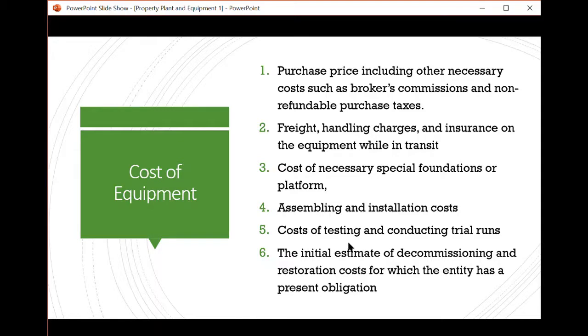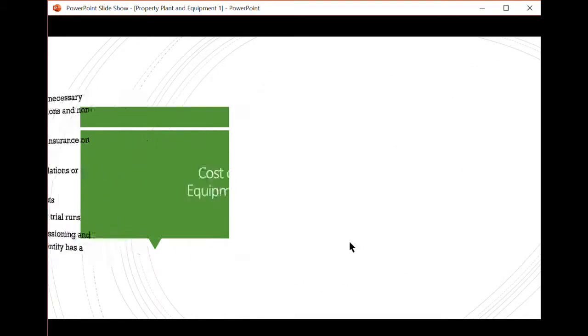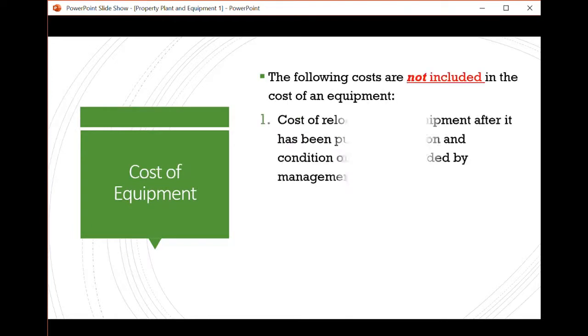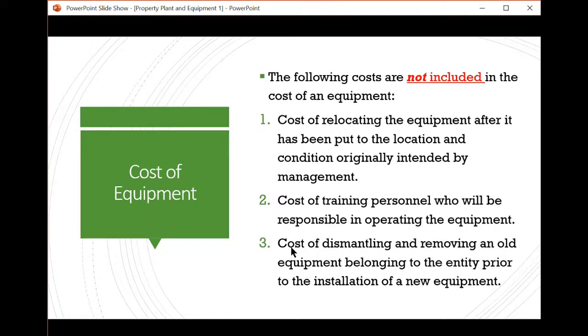So kung later on na nimo nahunahuna nga imuha na siyang i-transfer, mao na siya ang next niya kaning sa number 3. So the cost of dismantling and removing an old equipment belonging to the entity prior to the installation of the new equipment, so that's no longer part of the cost of equipment. So kinahanglan nga katong decommissioning nga liability na-estimate na nimo siya upon acquisition.